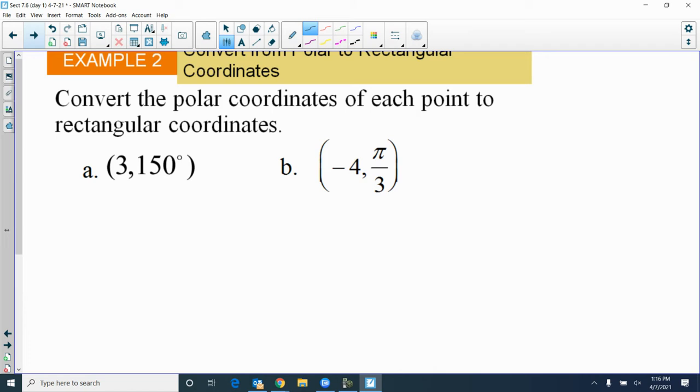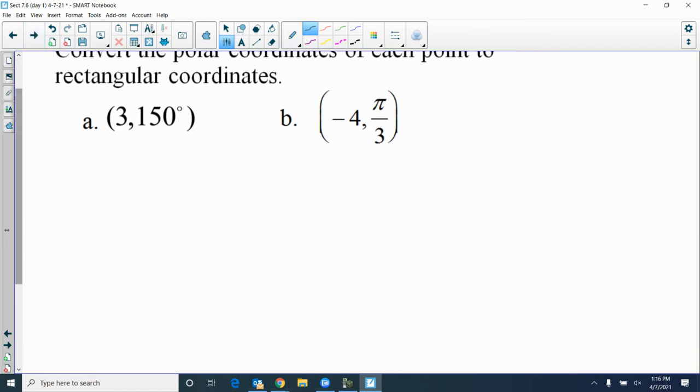All right, 3, 150. Not that you have to draw it, but I'm going to do it because it's fairly new. You go out 3 radiuses, and then 150 degrees would be over here. So it'd be around there, which is quadrant 2.